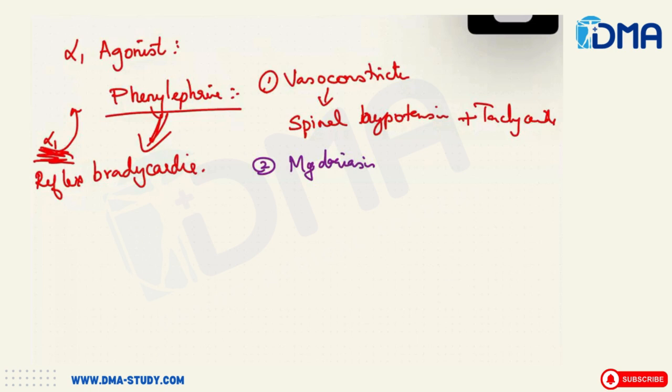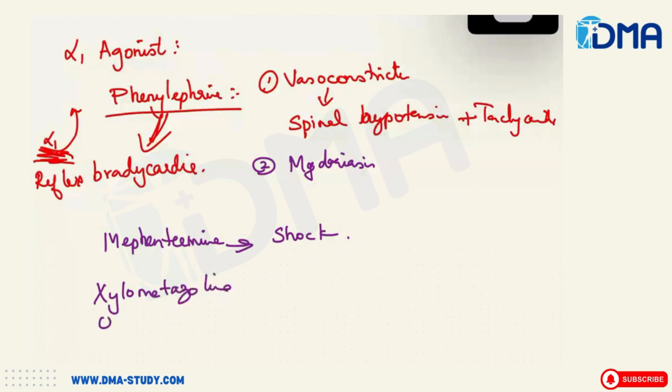Then the other alpha 1 agonist that you know of could be mephentermine. This is also used in the treatment of shock or spinal hypotension. Then the other agents: xylometazoline, oxymetazoline, naphazoline.